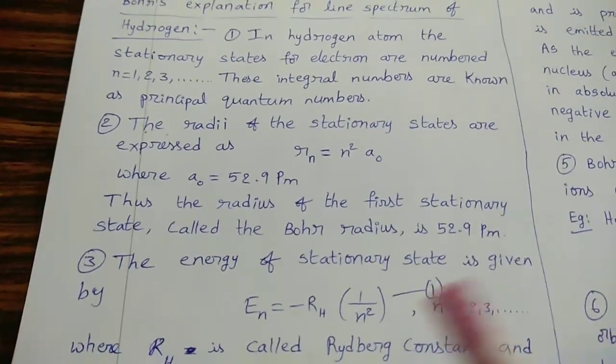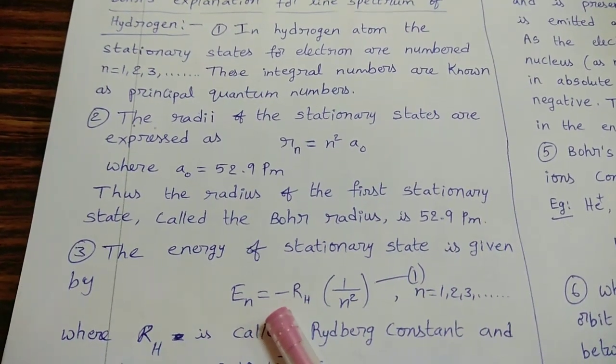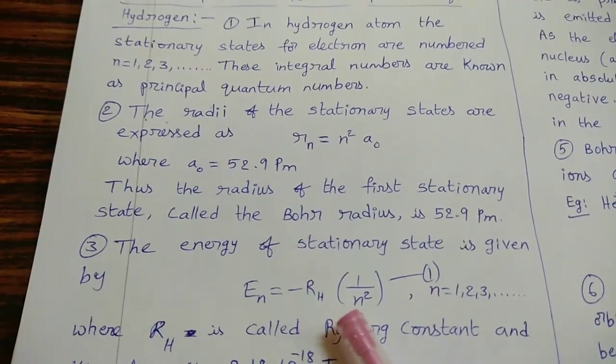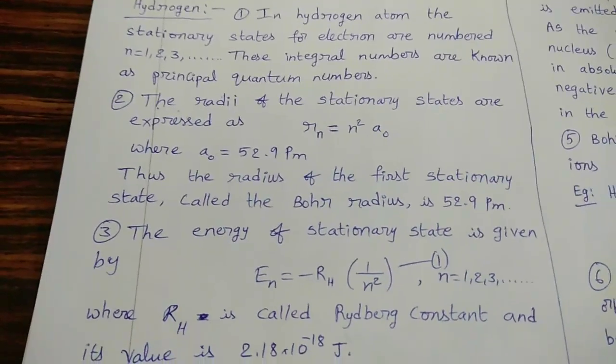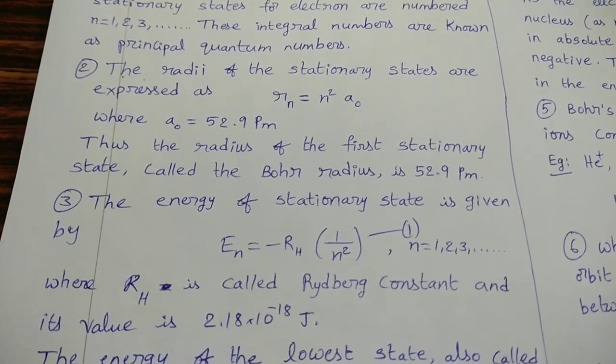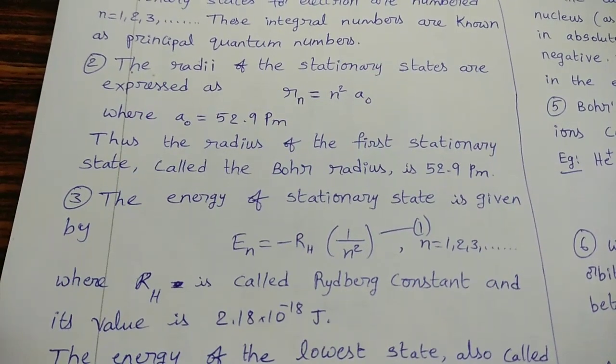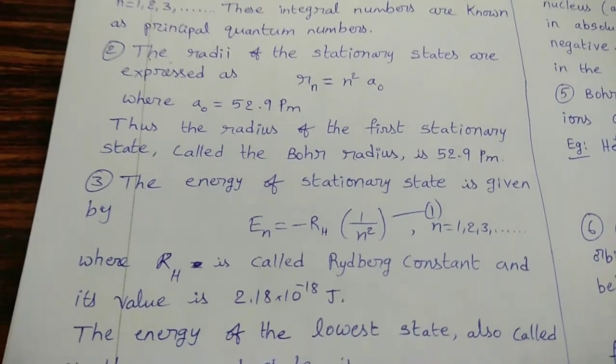Next, the energy of the stationary state is given by En equal to minus RH into 1 by n square. Here n values are 1, 2, 3, and so on. RH is called the Rydberg constant and its value in joules is 2.18 into 10 power minus 18 joules.